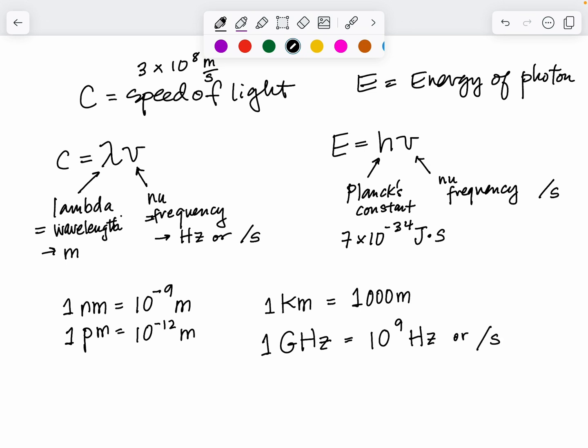So the big thing here is we need to look at what these conversions are. When we're working with C and the speed of light, our wavelength must be in meters, must be.